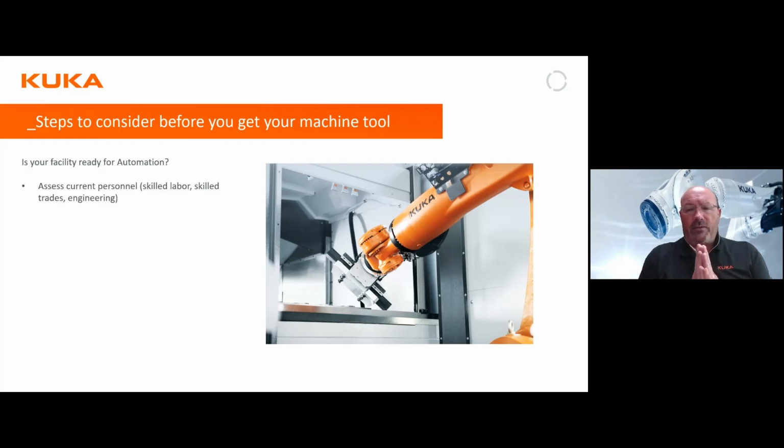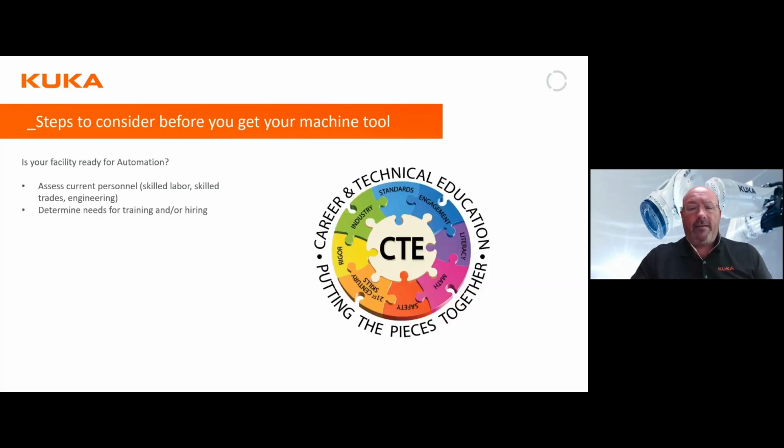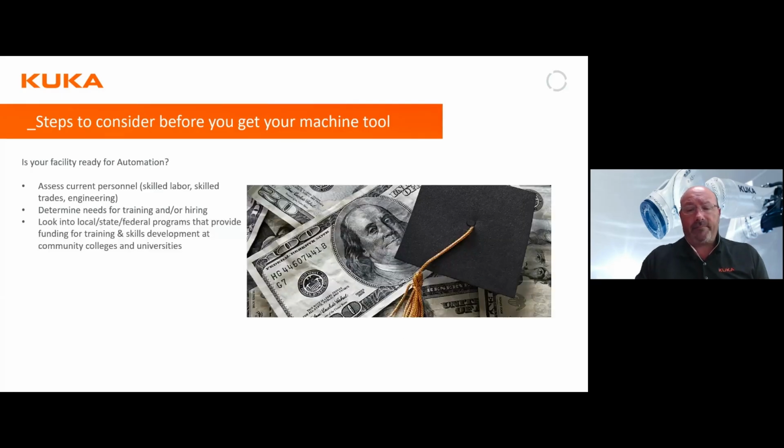Do they have the experience working with advanced machinery like robots? This includes jogging and programming, troubleshooting, repairing electrical equipment, repairing or replacing mechanical tooling. This may uncover a bit of a skills gap that could be solved with training your existing employees or hiring new employees that have the skills that you need.